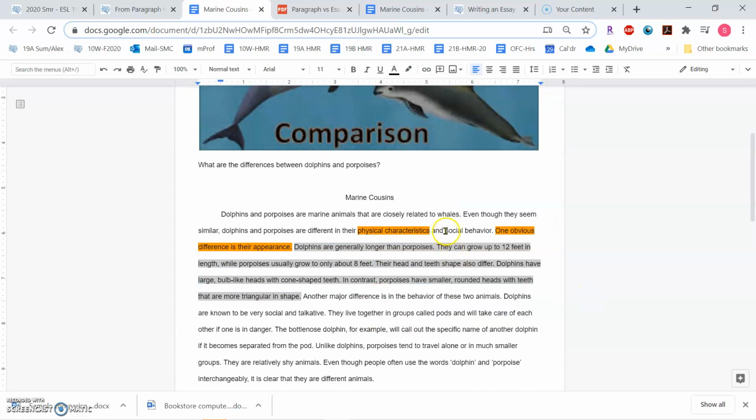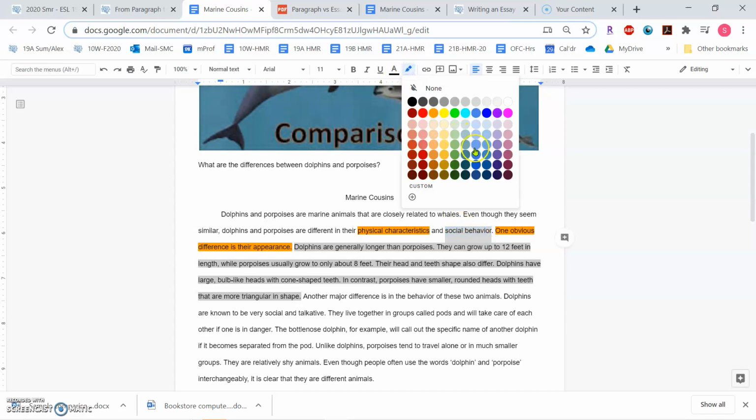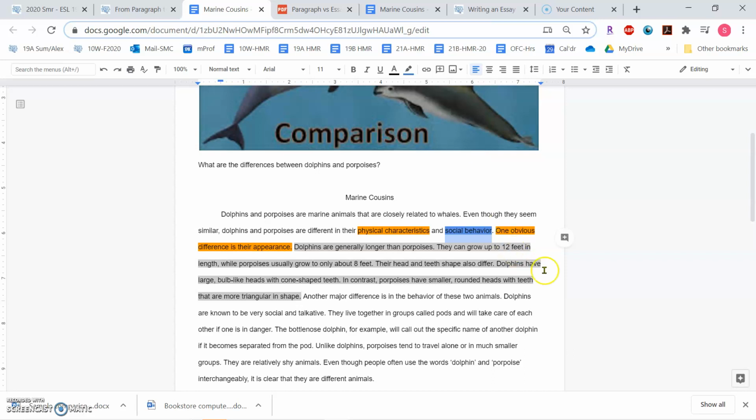The second focal point is social behavior. And that is the second part of the paragraph. So here we have the supporting point sentence related to social behavior.